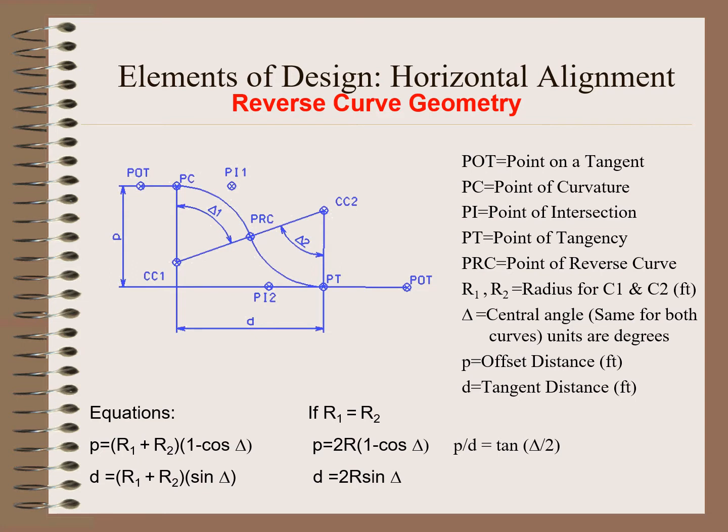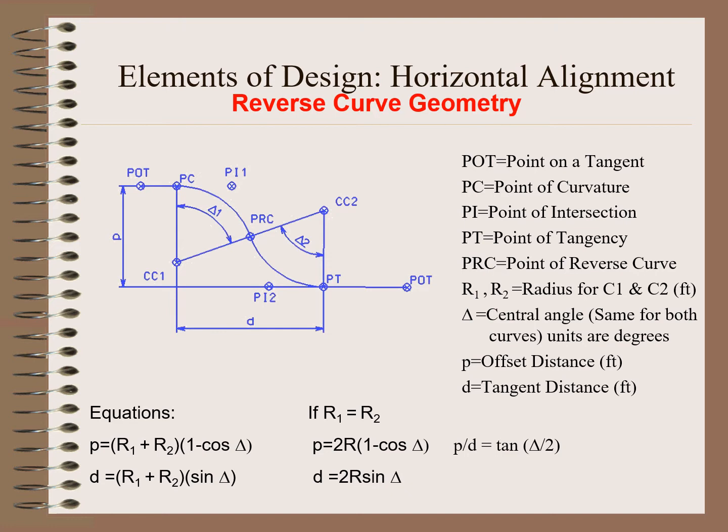The reverse curve starts with the point of curvature, the PC, and the PT of that first curve is really the PC of the next curve, and so we call it the point of reverse curve. And then you end with the point of tangency, or PT.